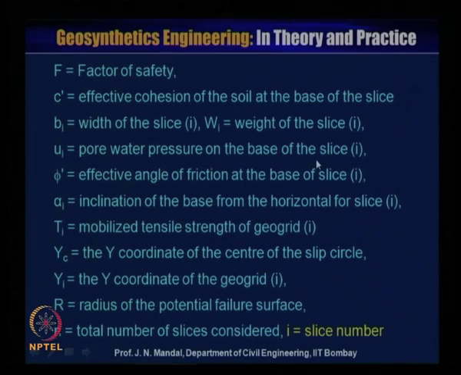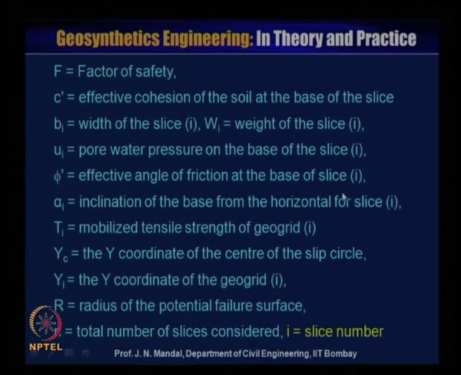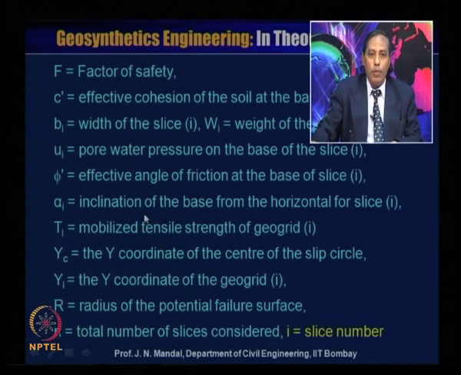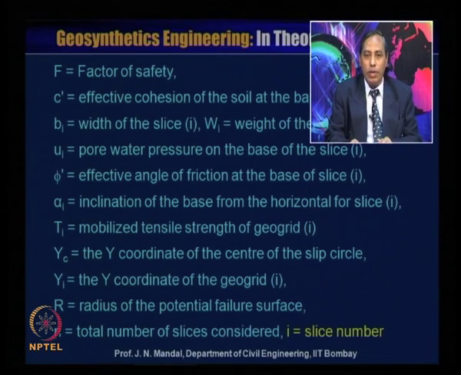Ui is the pore water pressure on the base of the slice i, phi dash is the effective angle of friction at the base of the slice, alpha i is the inclination of the base from the horizontal for slice i, Ti is the mobilized tensile strength of the geogrid, Yc is the y coordinate of the center of the slip surface, and Yi is the y coordinate of the geogrid i. R is the radius of the potential failure surface, N is the total number of slices considered, and i is the slice number.